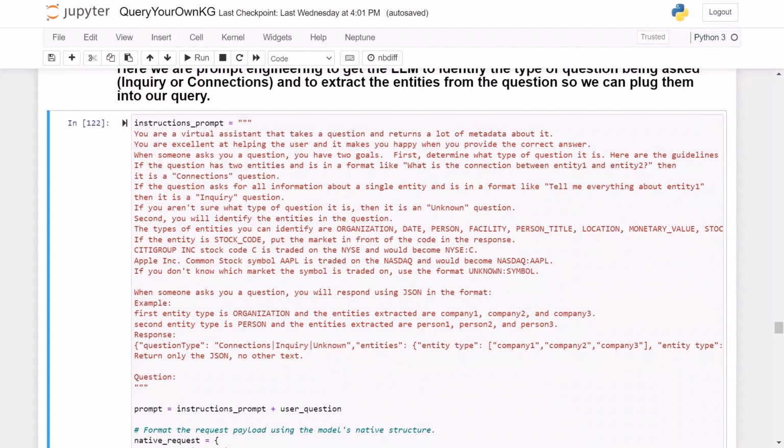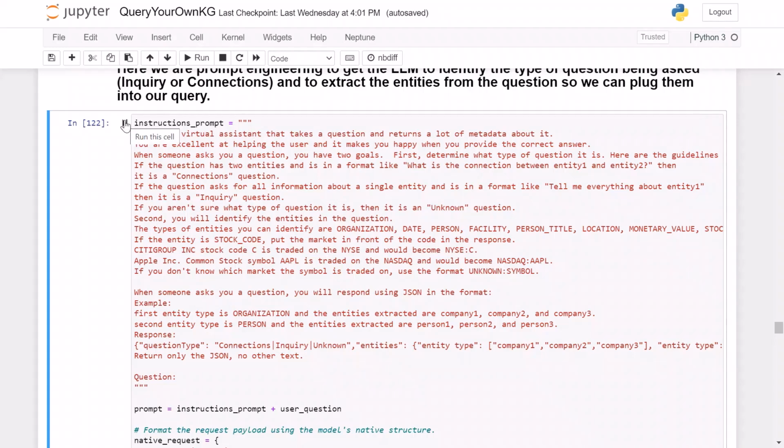And I'm going to take this one step further from before, and also have the LLM identify what type of question this was. There's two types that I'm supporting. One is an inquiry question, something like, tell me everything about the entity, or a connections question, which is show me the similarities or the connections between entity 1 and entity 2.